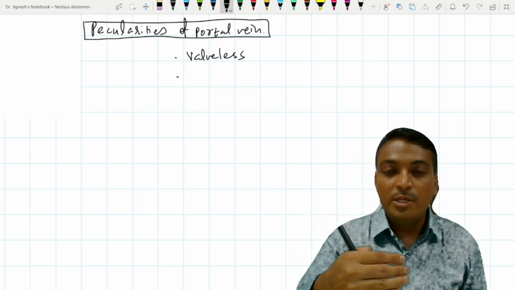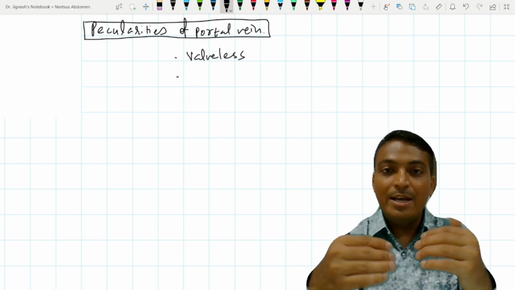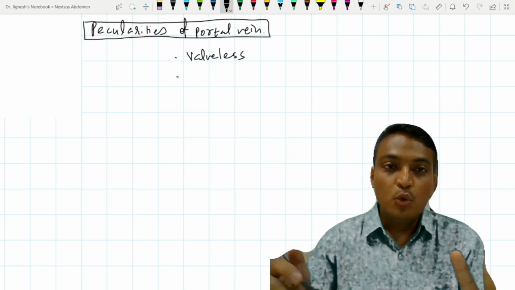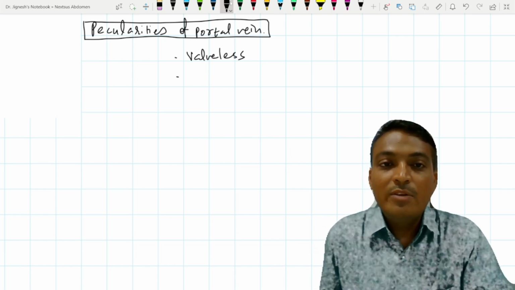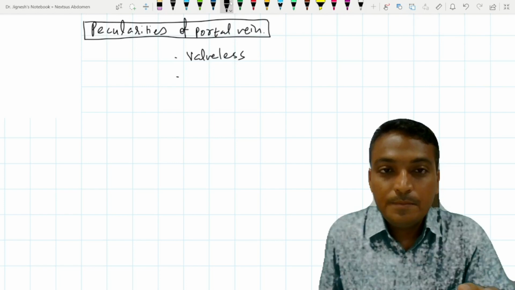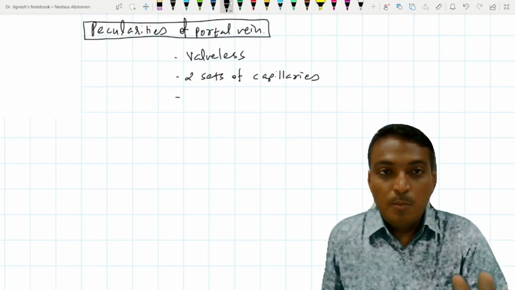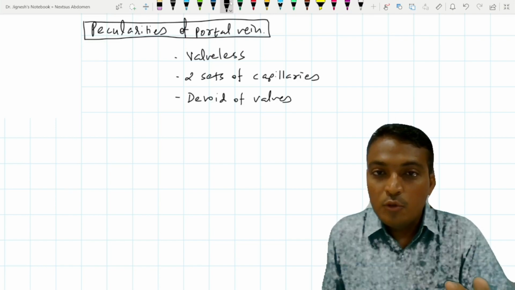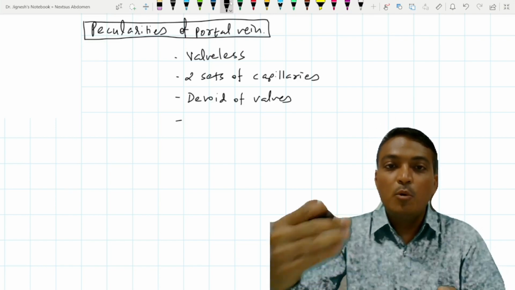After formation of the trunk, it divides like arteries inside the liver as the hepatic sinusoids. So there are two sets of capillaries associated with the portal vein. This portal vein is devoid of valves, so no valves are present within it.